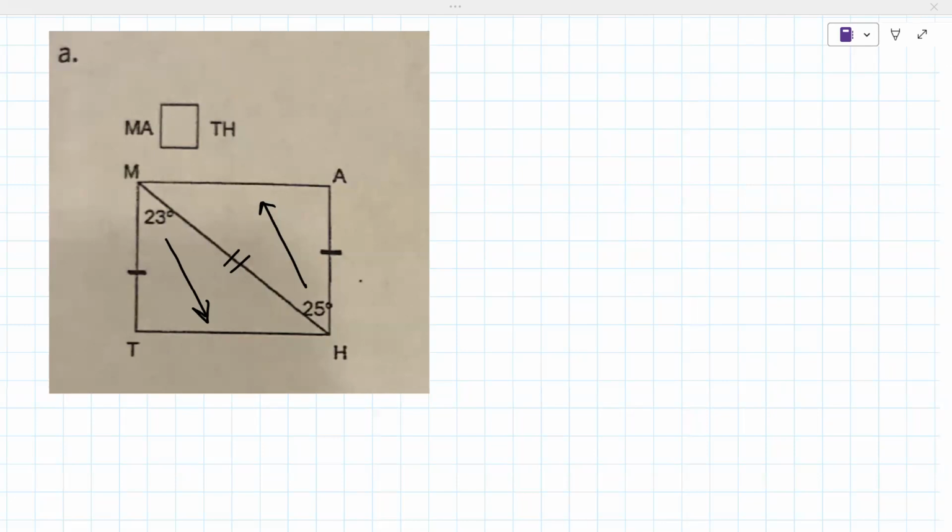Equal? Wait, they can't be equal. Which is smaller, the 23 or the 25, or which is larger, the 23 or the 25? Oh wait, hold on. The 25. Okay.